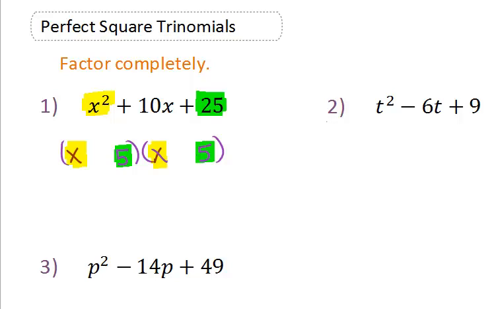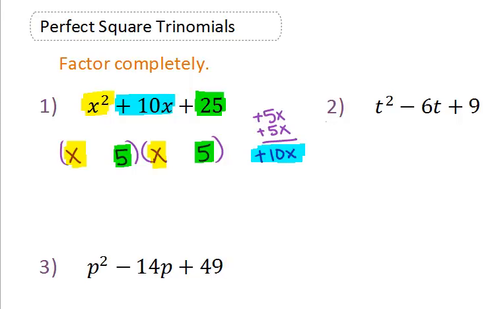Our outside here will give us a 5x. Our inside here will give us a 5x. And we want to be able to add these to give us our middle term here of a positive 10x. And that will work if both of our signs are positive. So the signs in both of these parentheses are addition.